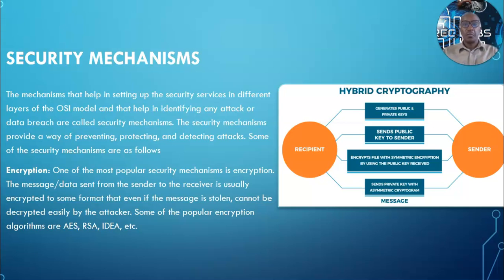We use them to prevent, protect against and detect attacks. Encryption is one of the most popular security mechanisms, practically a cornerstone of security, because you want to achieve confidentiality, integrity of data, authentication, and non-repudiation, and also a very high sense of accountability at the end of the communication.